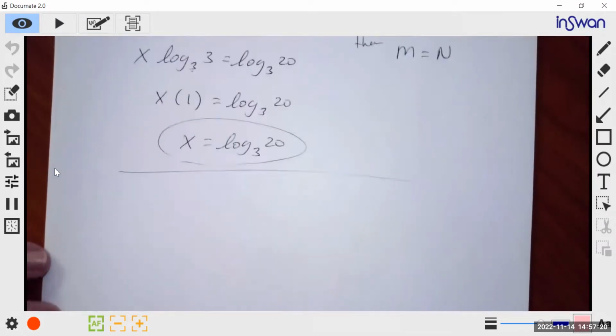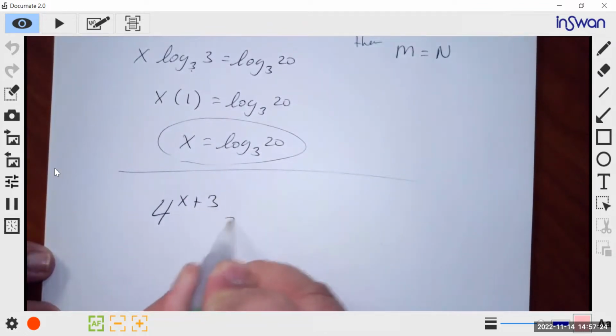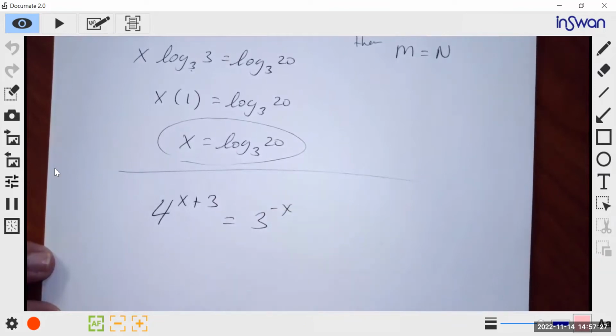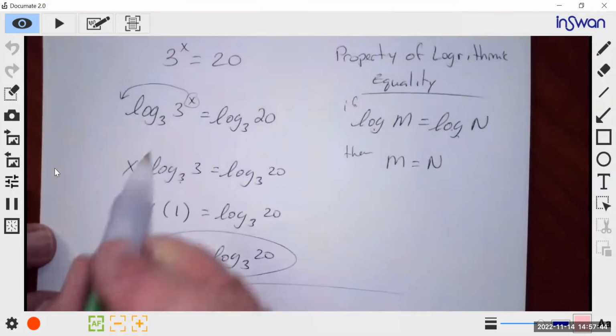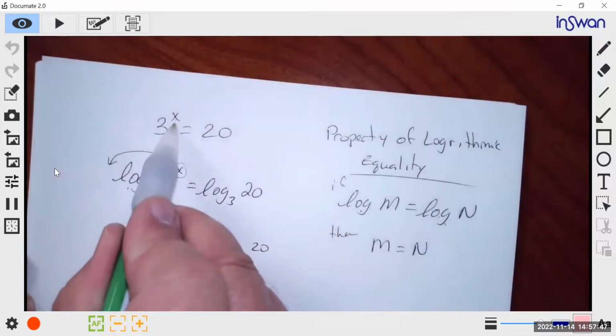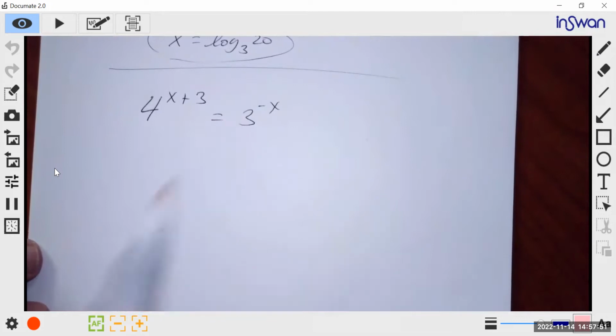One more, then we'll call it a day. In the last example, I used log base 3 because that's where my x was. It was a base 3. I can't do that here because I have two different bases.